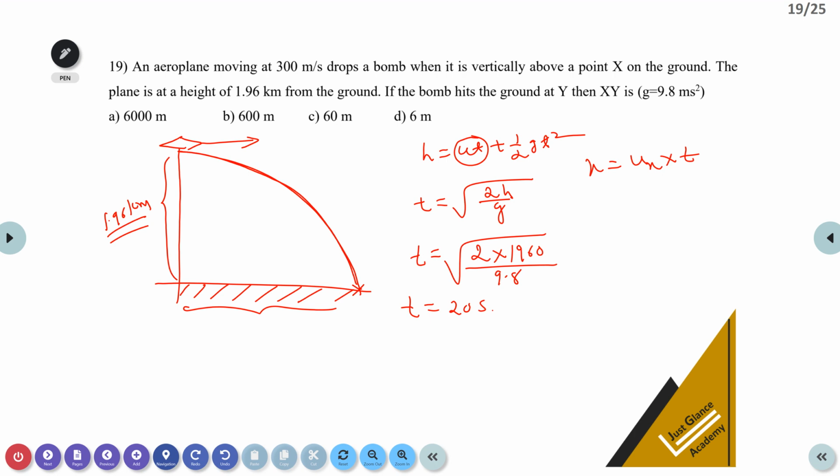So ux equal to 300 into the time, 20, equal to 6,000 meter or 6 kilometer. Though it is dropped here, it will reach this point at a distance of 6 kilometer or 6,000 meter.